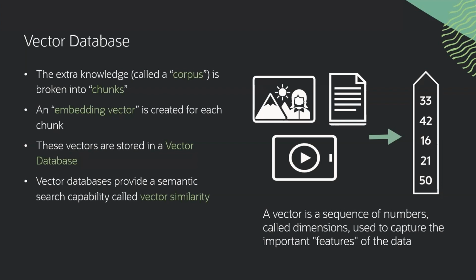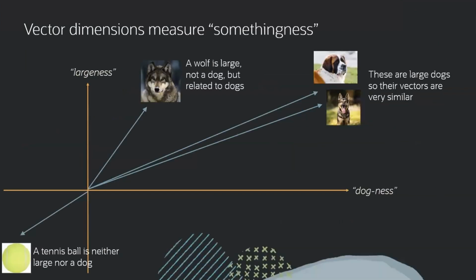A vector is a sequence of numbers called dimensions. Each dimension measures some quality of the information. Here is a dramatically simplified example where we have two dimensions, largeness and dogness.